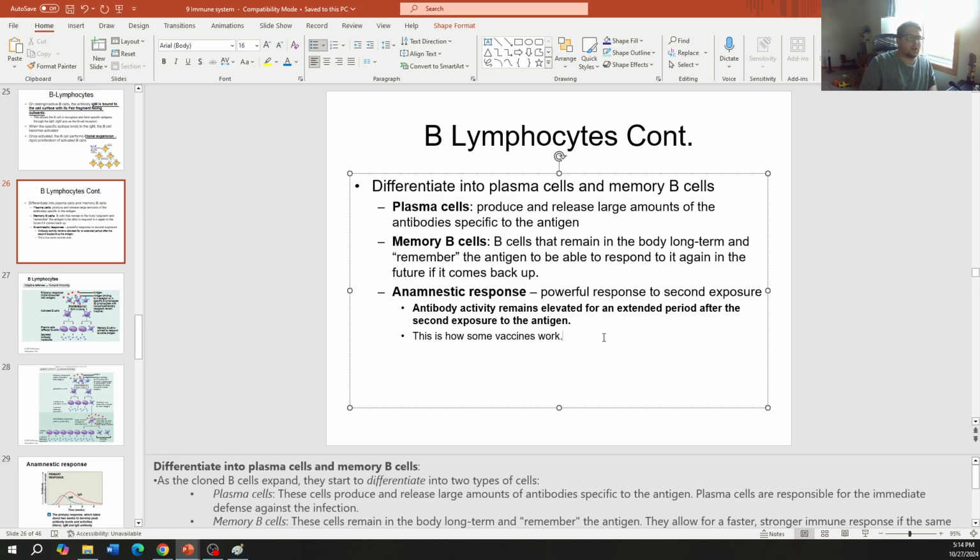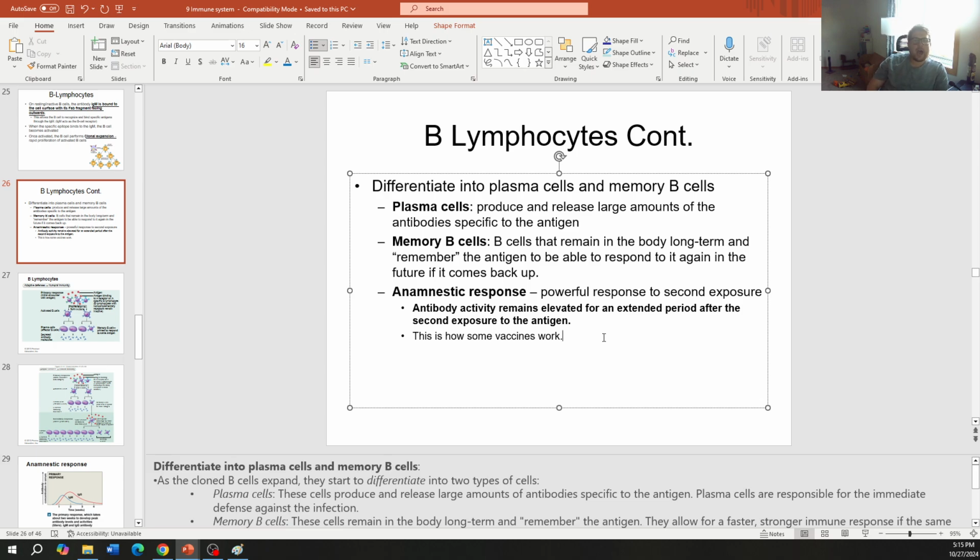This is kind of like when you get certain vaccines. We actually inject part of the disease organism into ourselves, whether it be a live vaccine or a dead vaccine or whatever, which we'll talk about in the immunology course.